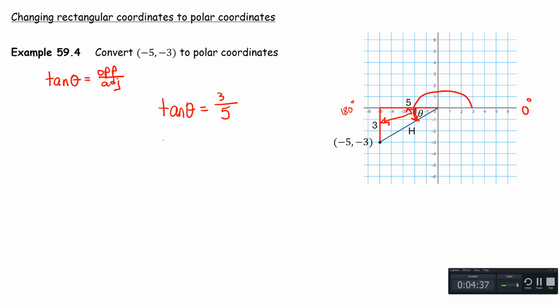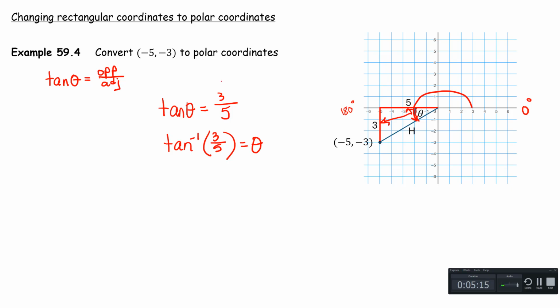So I'm going to have to use inverse tangent to find the angle. So inverse tangent of 3/5 is going to tell me theta. So you use inverse tangent when you have the ratio, like opposite over adjacent, and you're looking for the angle.